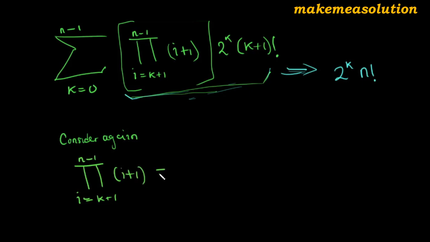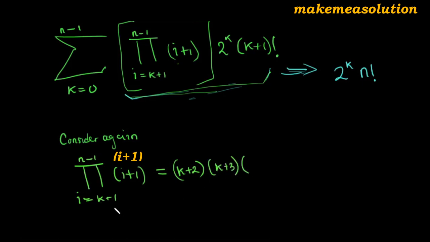So if we start resolving this product, this is what we are going to get. When we have i equal to k plus 1, we have k plus 2, that's the first term. When i is equal to k plus 2, that means when we increment, you keep incrementing. For k plus 2, we'll have k plus 3 here.